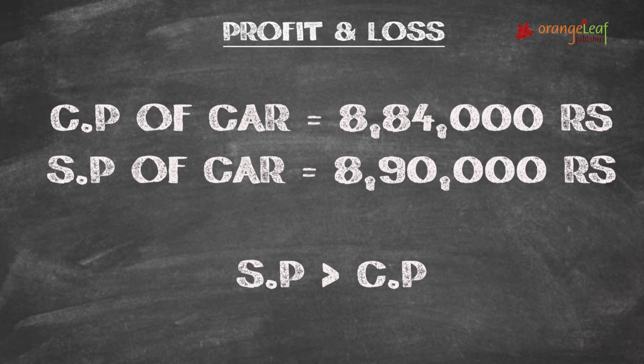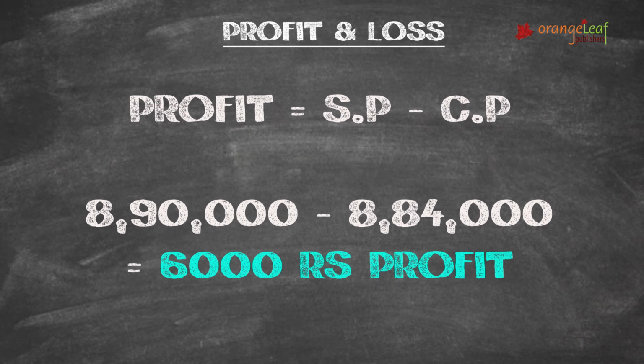Since the dealer is selling it at a price more than its cost price, he earns a profit. Profit is equal to selling price minus cost price, which is equal to rupees 8,90,000 minus rupees 8,84,000, which gives us rupees 6,000. Which means the dealer earns a profit of rupees 6,000.